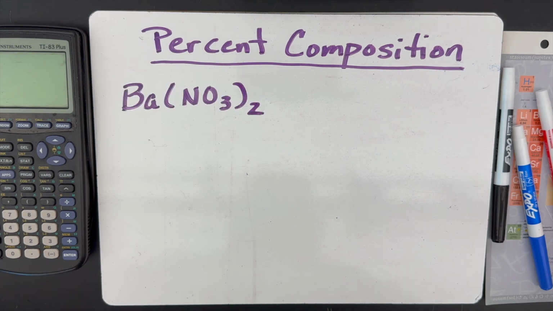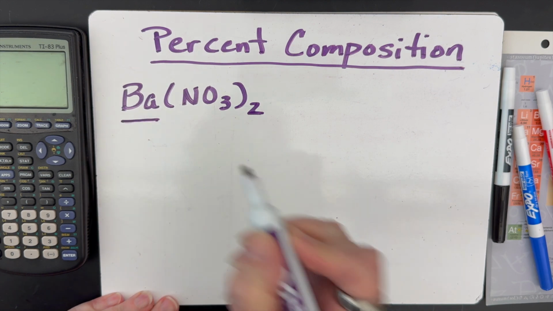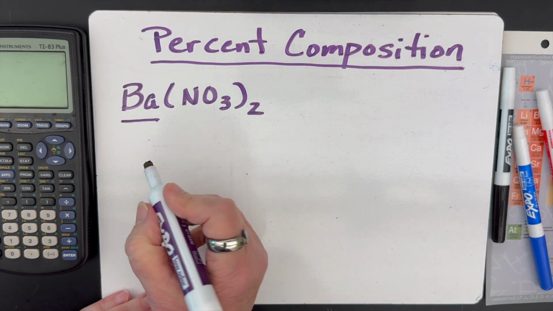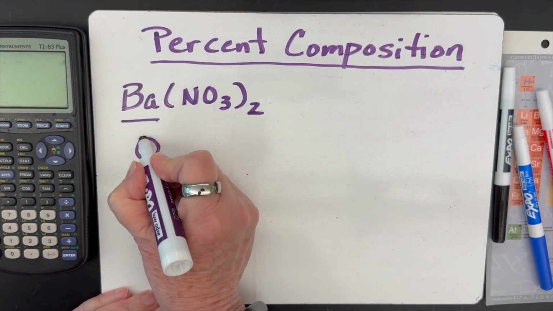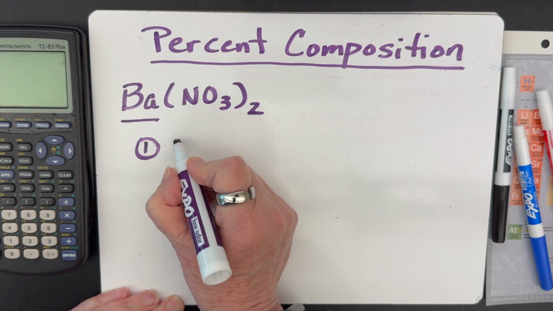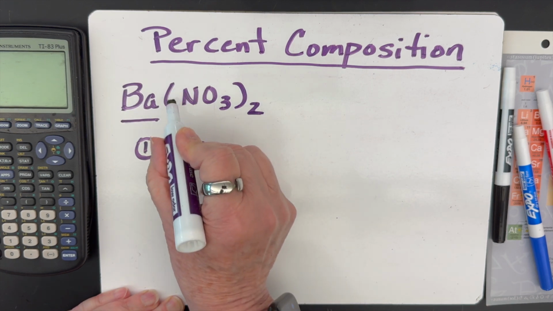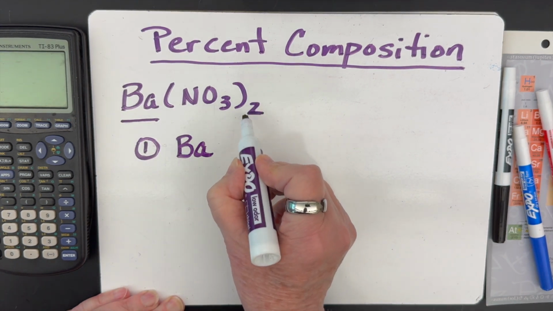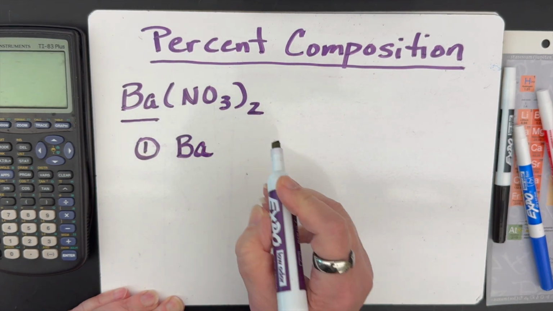Let's say we are asked to find the percent composition of barium in barium nitrate. So the first thing we have to do is determine the mass of the whole thing, barium nitrate. There are 3 oxygens on 1 nitrogen, and there are 2 NO3 groups.